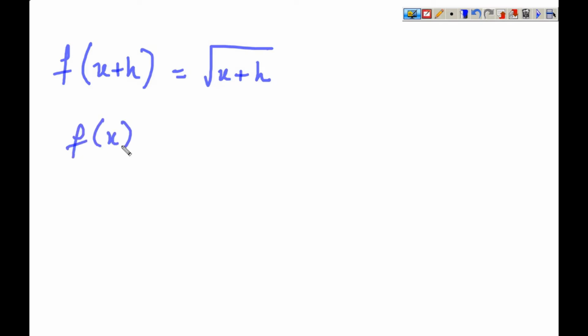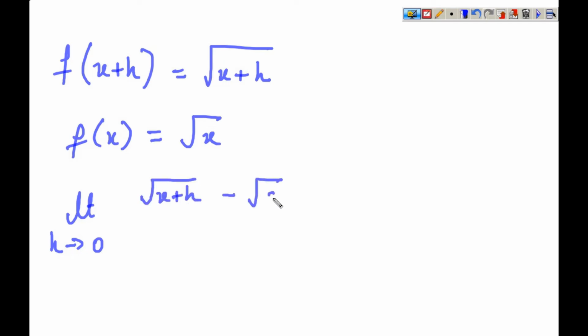So function of x plus h will become under root x plus h, right? And function of x is already given as under root x. So substituting this in the formula, we can write it as limit of h tends to 0, f of x plus h will become under root x plus h minus under root x by h, right?